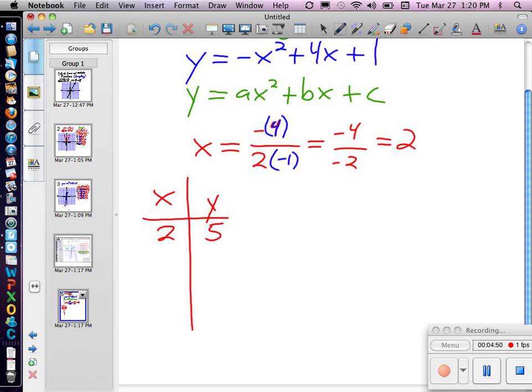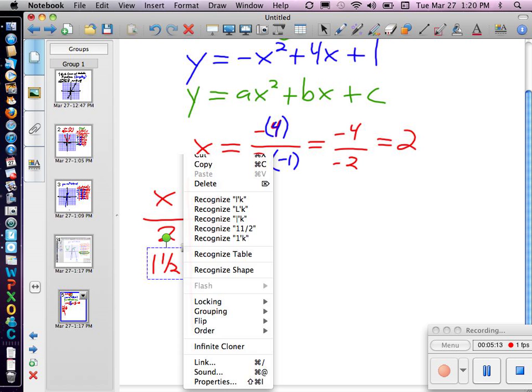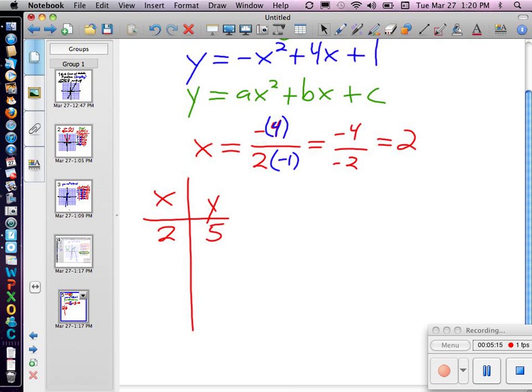I mean, I could choose to put in 1.5 if I wanted for x, but who wants to square 1.5 and then add that to 4 times 1.5, right? So that would be a mistake. Although, if you wanted to do it, you could. That would be a mistake because it would just be much easier to plug in a number like 1, or 0.